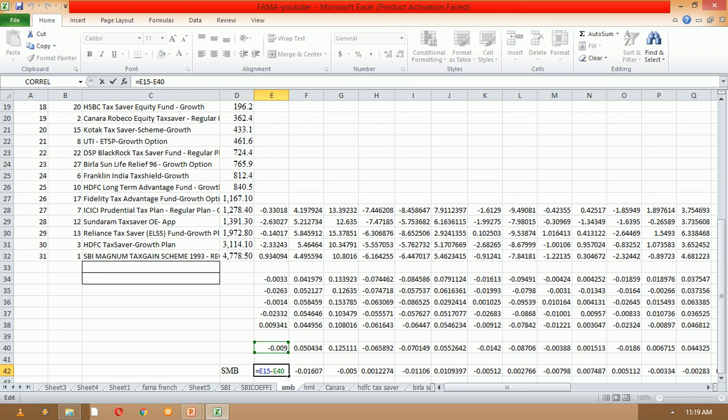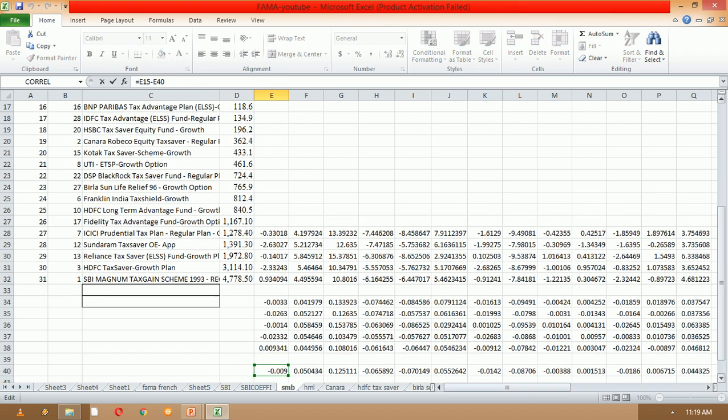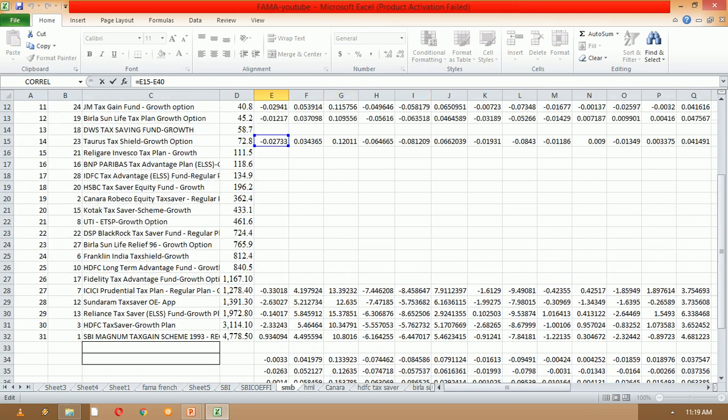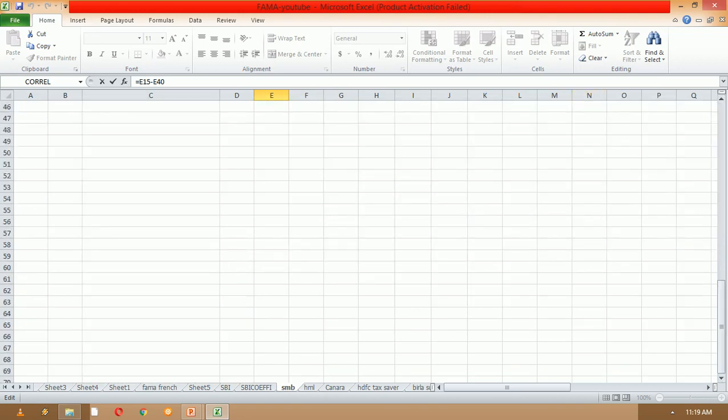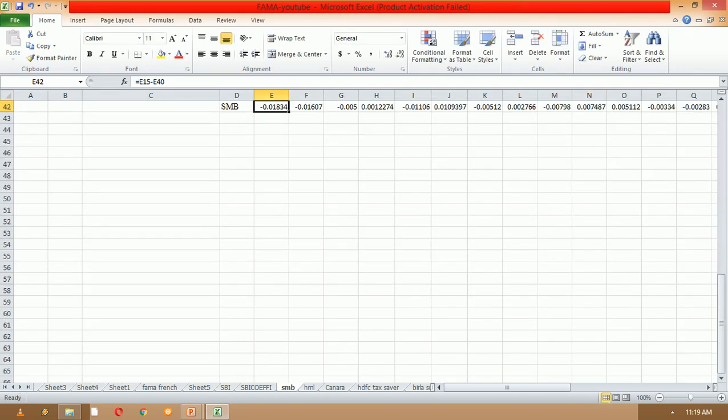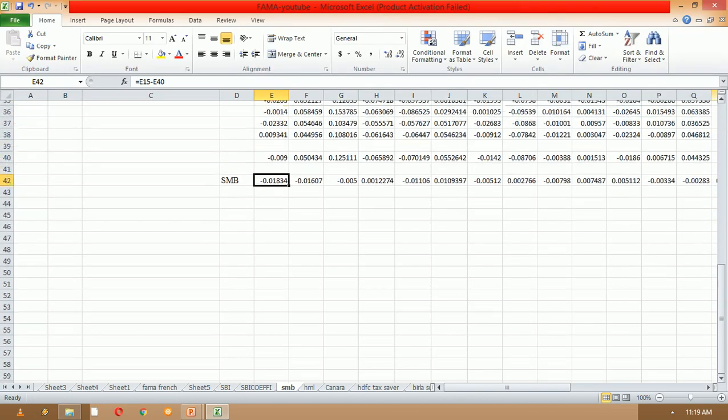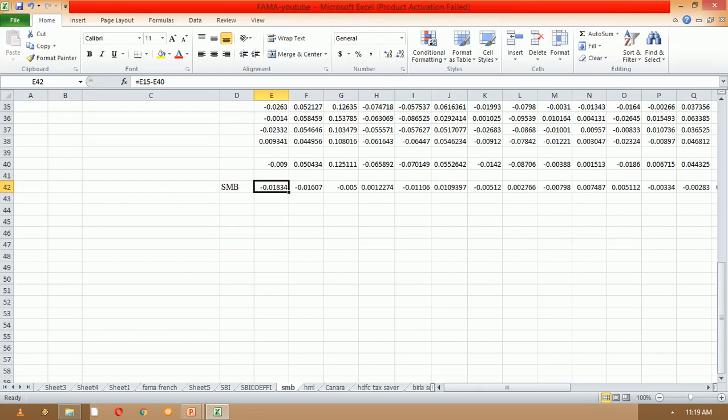That is E15. E15 is the average return of lower performing funds for the month of March 2012, and same thing in E40, this is the average return of higher performing funds for the month of March 2012.